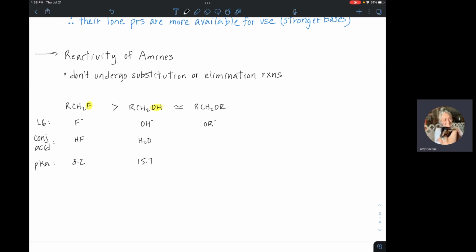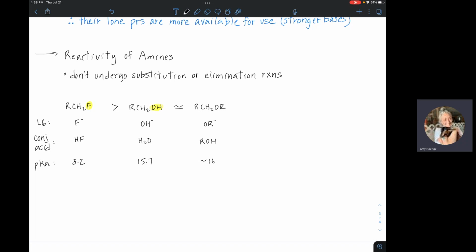You'd have an alkoxide anion, and its conjugate acid would be the alcohol. Now, again, depending on the alcohol, the pKa value is approximately 15 or 16. So it's kind of on par with water.